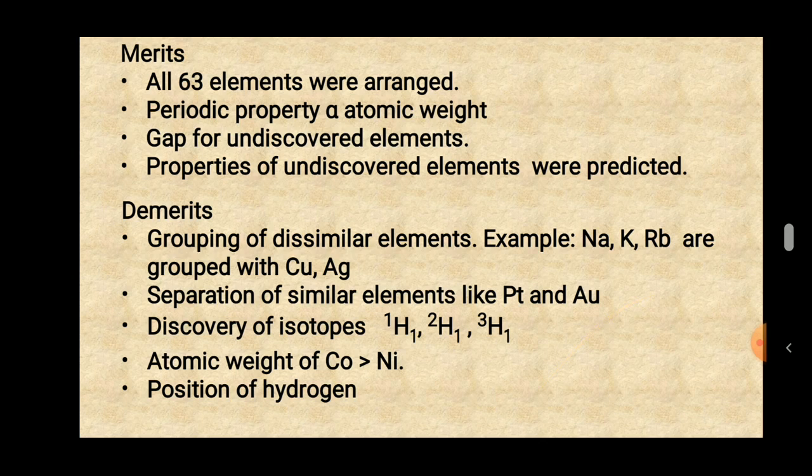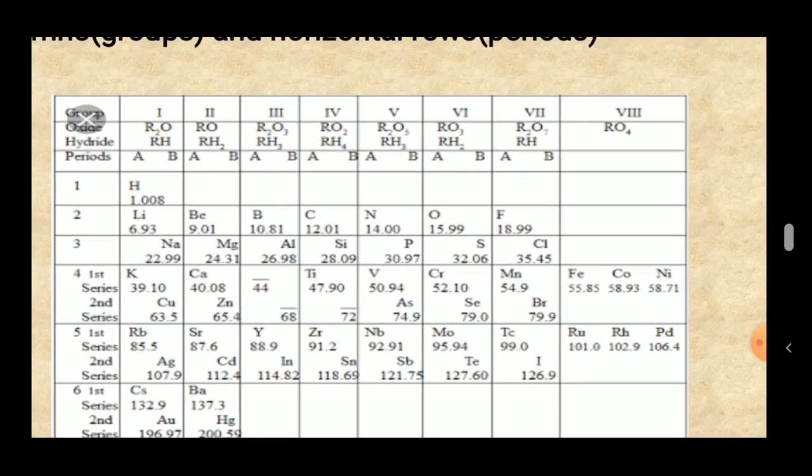The next one: the atomic weight of cobalt is greater than nickel. According to Mendeleev's periodic law, elements are arranged based on the increasing order of atomic masses.